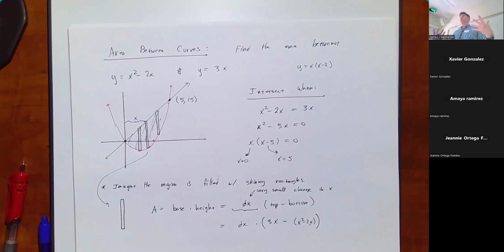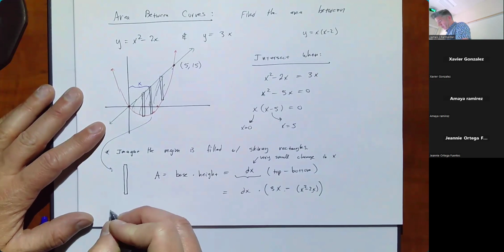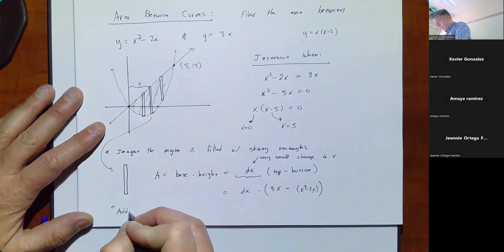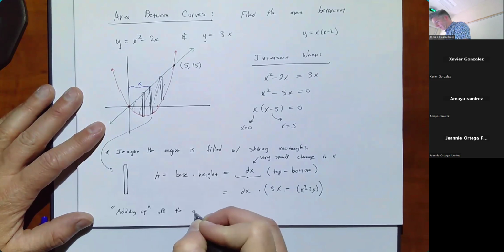And the idea is we're going to, quote unquote, add up all the heights, all the areas of the rectangles. But instead of using a limit, we're going to jump straight to the definite integral. So we're essentially adding up all the areas.